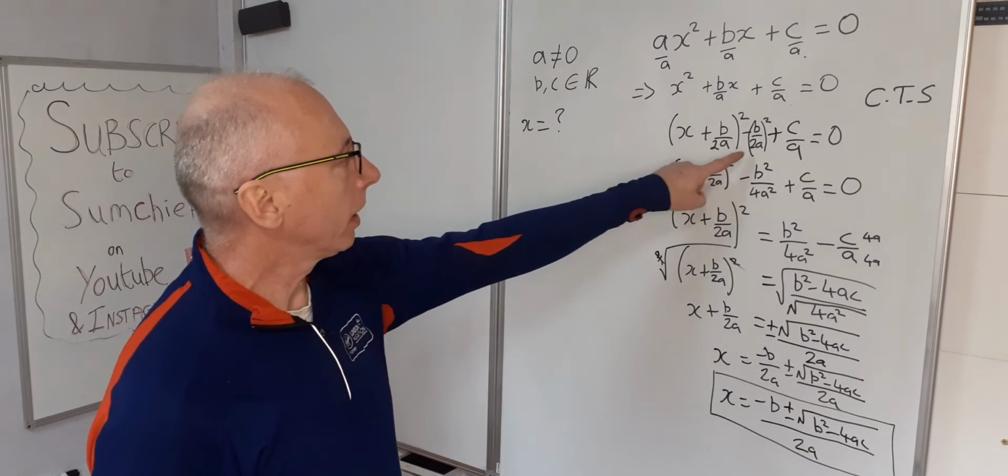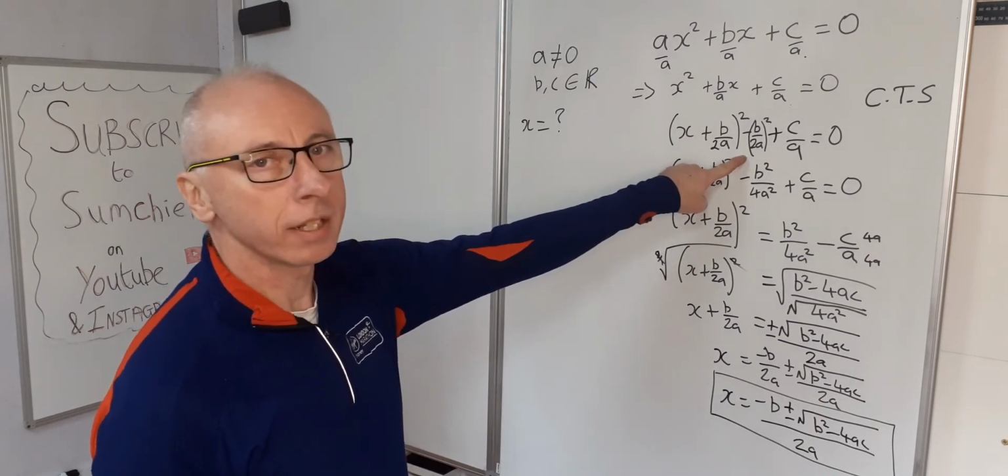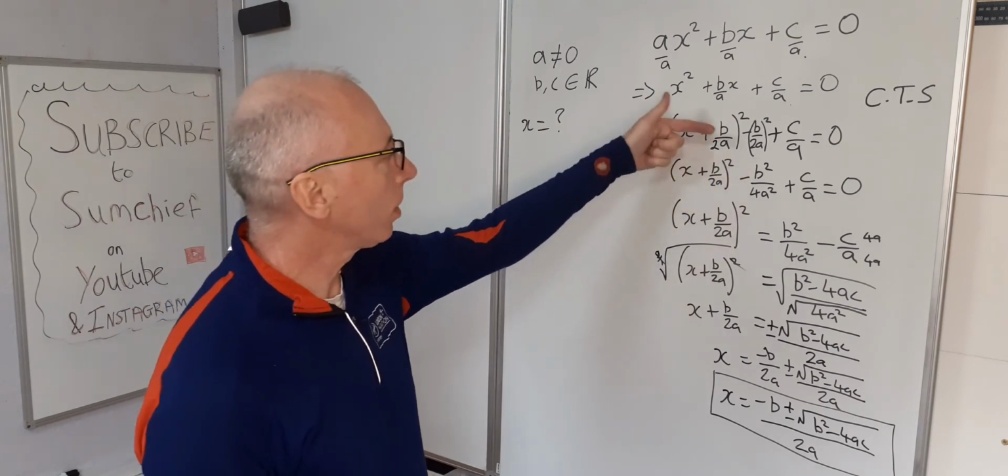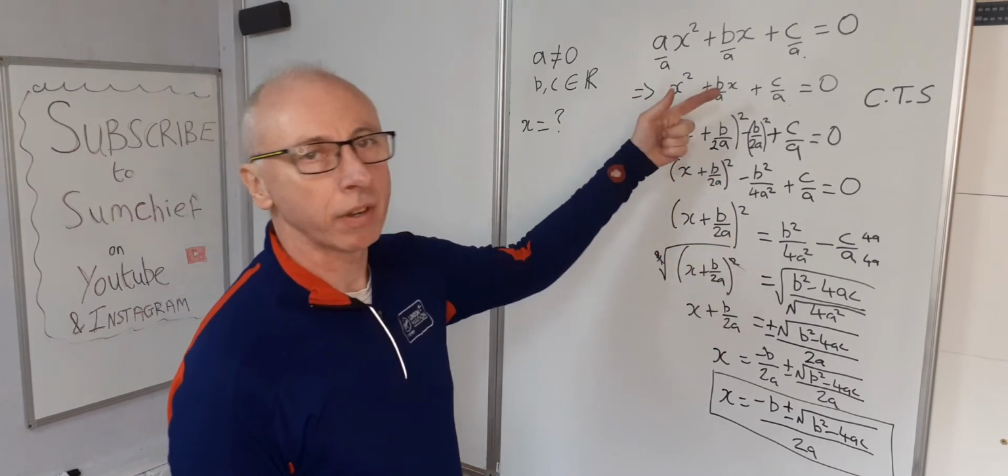Now if we look back here, what we've got here, this is completing the square, which is also another way. So you can see now that both methods are very, very similar.